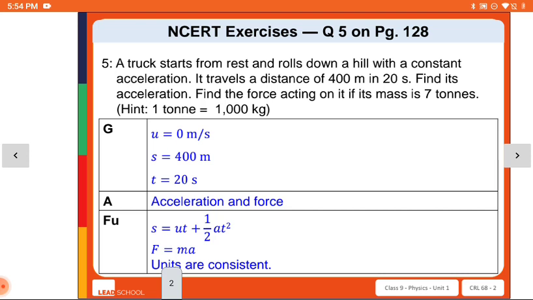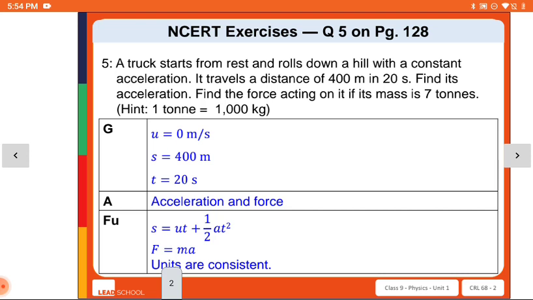It travels a distance of 400 meter in 20 seconds. So s is 400 meter and time is 20 seconds. Find the acceleration and the force acting on it. Its mass is 7 ton, and 1 ton is equal to 1000 kg, so 7 ton is 7000 kg.